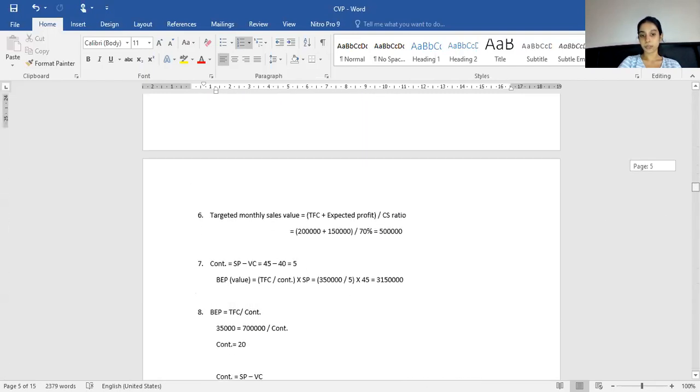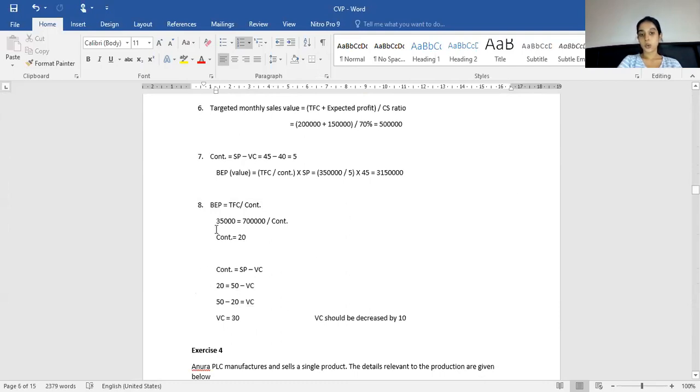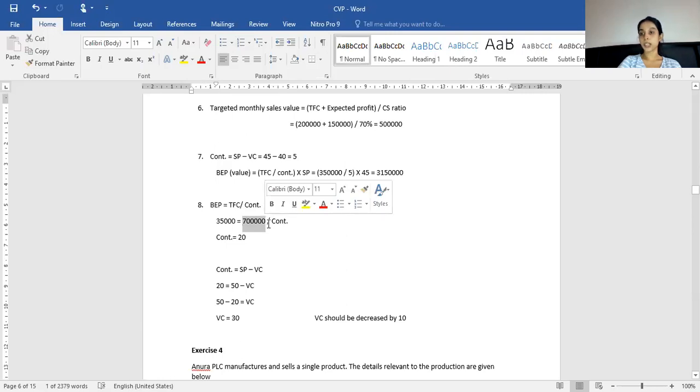So we have to do some workings here. Now the break-even point has to remain the same, so it's 35,000 units. And total fixed cost is getting doubled, so 350 plus 350 is 700,000. From that, we can get the contribution needed. So the contribution needed from each unit is 20. Using the contribution formula, we can get the variable cost here.